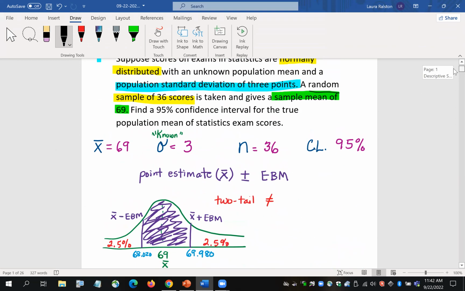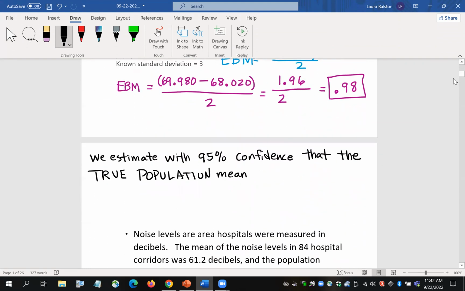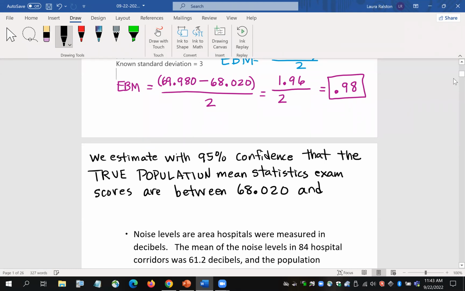Mean statistic exam scores, mean statistic exam scores are between 68.020 and 69.980. And if we had units, we don't really have units for an exam score, but if we had units, we would include them.